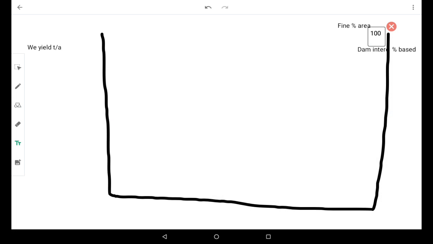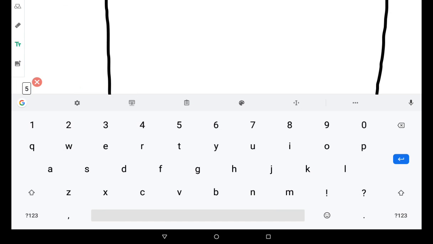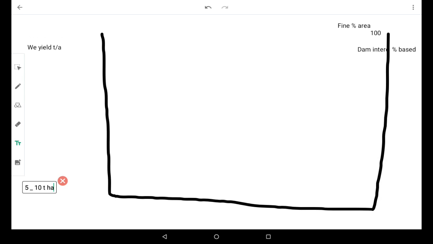tonnes. So we know that the average yield of sediment from agricultural catchment in Australia is about 5 to 15 tonnes per hectare per year. Okay, so that's the base number. So it's 5 to 10 tonnes per hectare. Now, with vines, that number probably goes up quite a bit. So if the area that's vine, it might go up to, say, 50 tonnes per hectare.